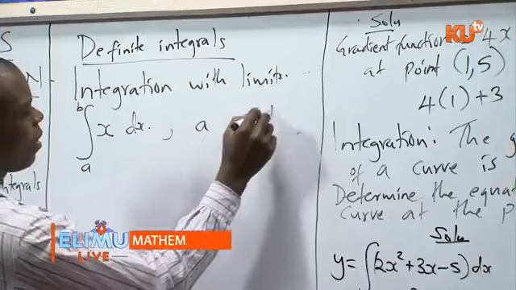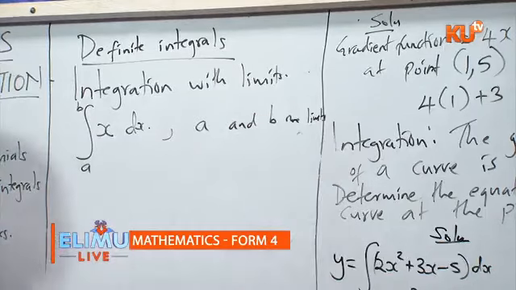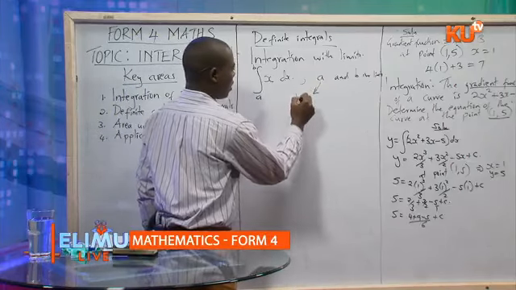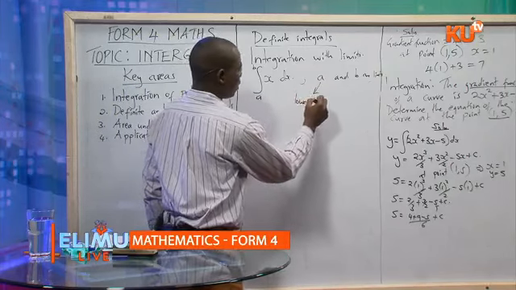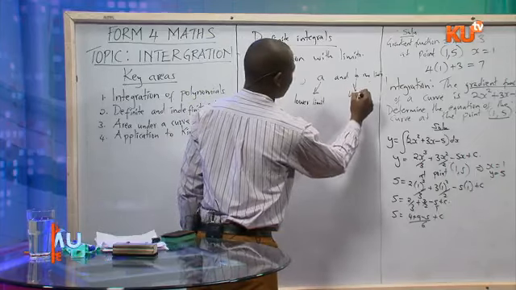A and b are limits for which integration is supposed to take place. A is the lower limit, and b is the upper limit.